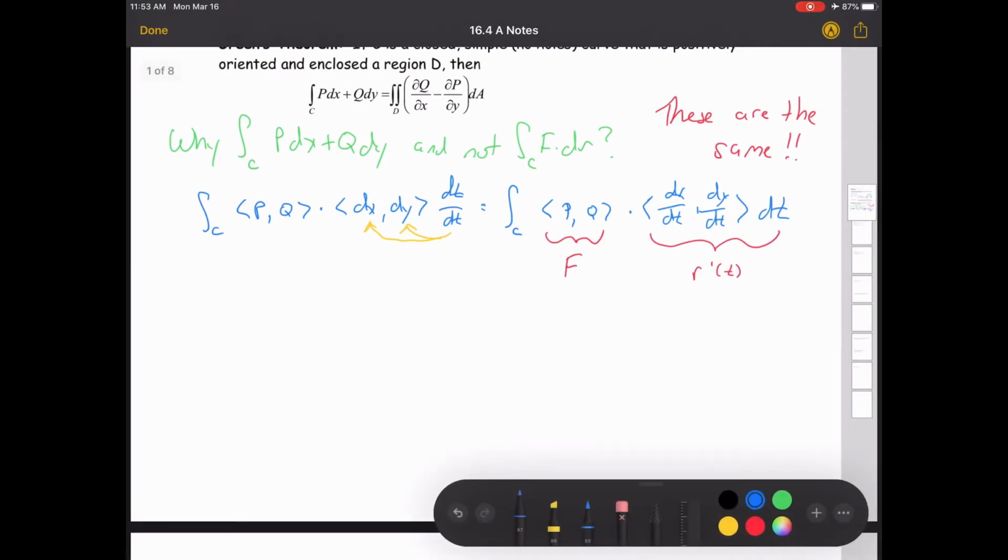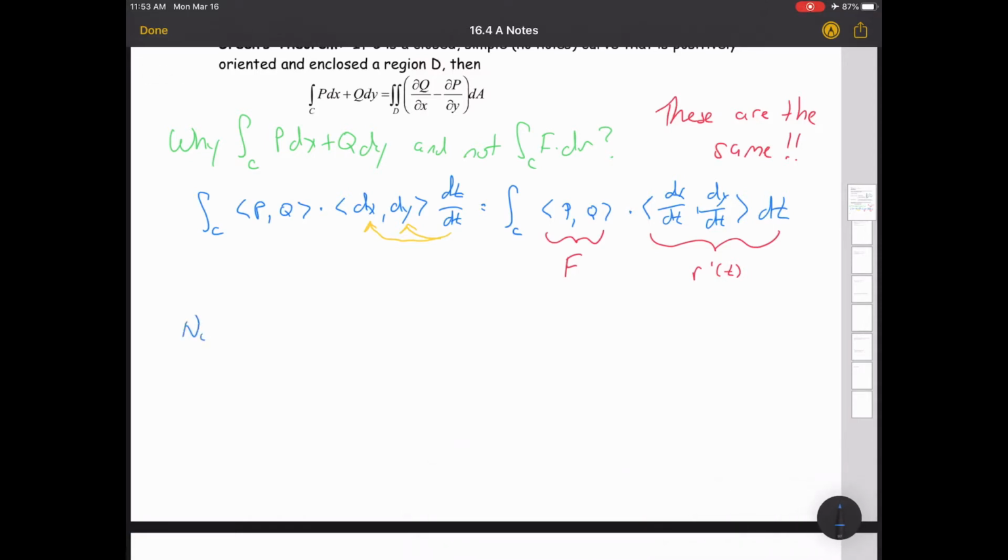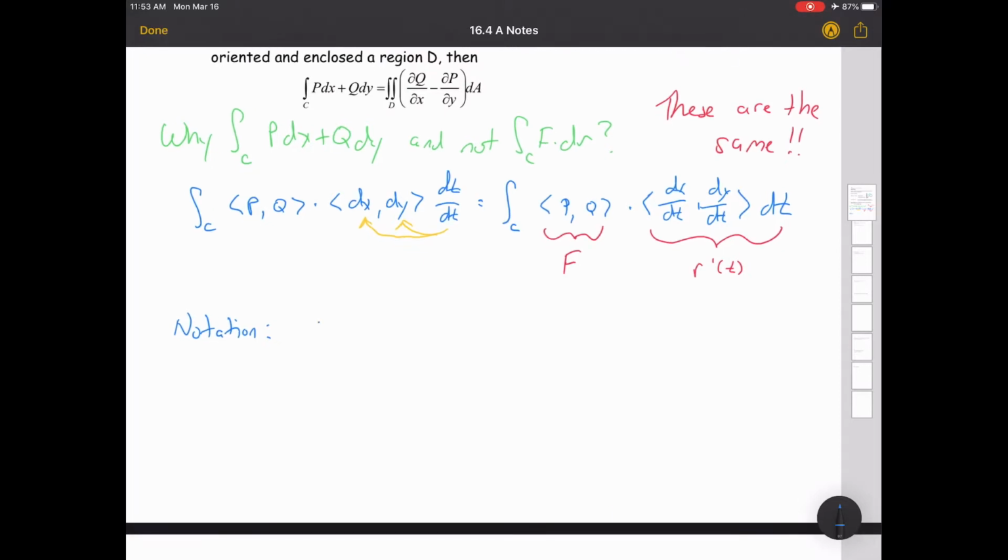So notationally, if you see this symbol, it's the integral symbol over some kind of a curve, but it's got that little circle around the integral symbol.